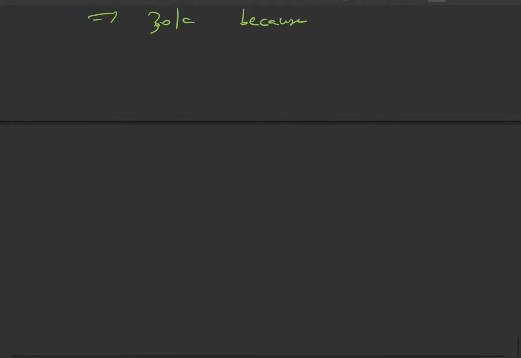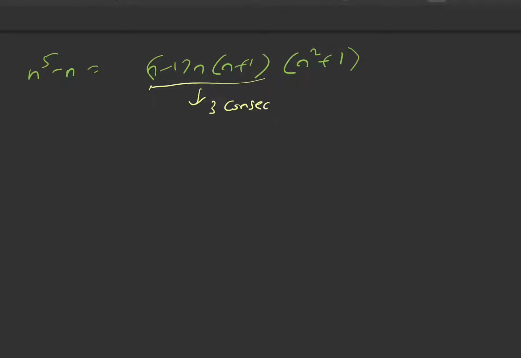Now first thing, n power 5 minus n, you got it as (n minus 1) n (n plus 1) into (n square plus 1). So these are three consecutive integers, so definitely we know that if there are three consecutive integers, exactly one is a multiple of 3.